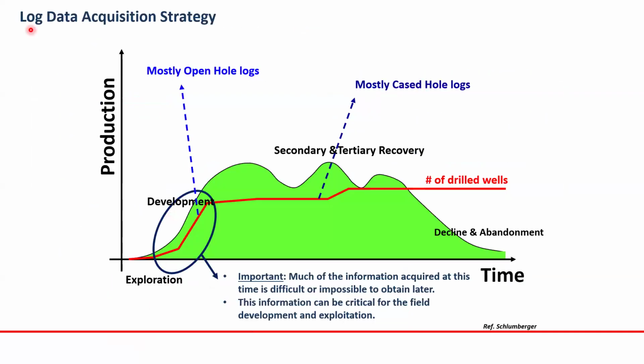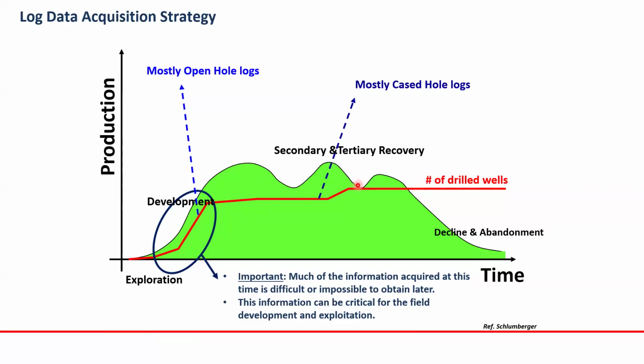Also, for the log data acquisition strategy, as I said yesterday, we have production versus time. As you see, for the exploration phase, the number of wells increases significantly, and then the number of wells starts to flatten a little with the development, and the rate also changes.